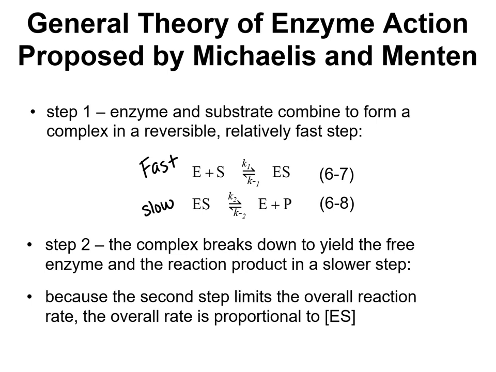And that means that the second step is going to limit the overall reaction rate. It is the rate limiting step. So the overall rate is proportional to the concentration of ES.